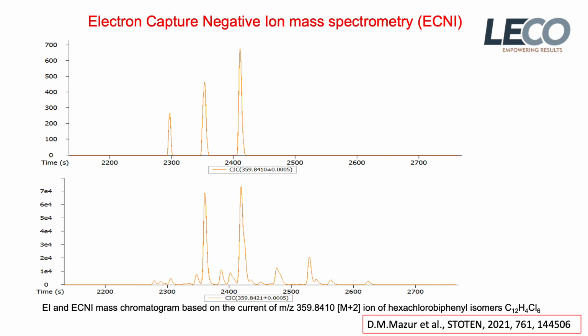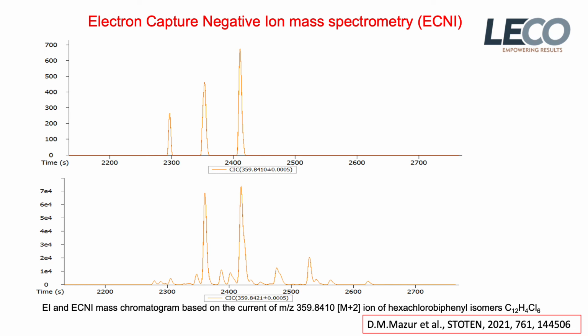Polychlorinated biphenyls, very important class of environmental pollutants. Look at the results in electron ionization mode, just 3 peaks with the intensity 700. And in the case of electron capture ionization, you have all the isomers presented in your chromatogram.